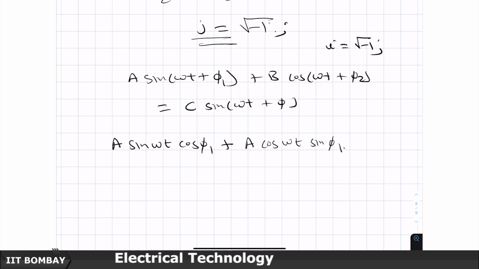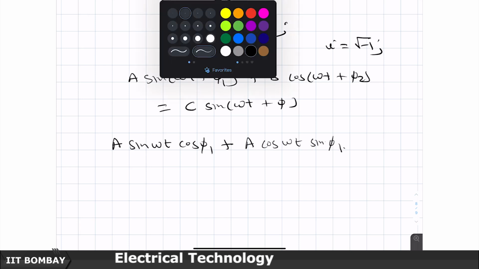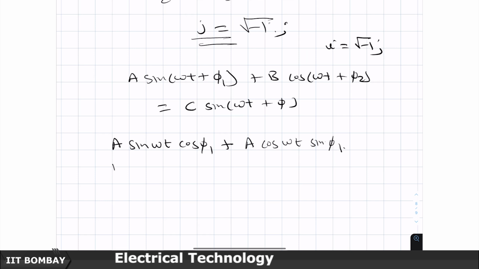So sin A cos B plus cos A sin B, and similarly for the second term, I can write this as cos of phi 2 times sin of omega t plus sin of phi 2 times cos of omega t.